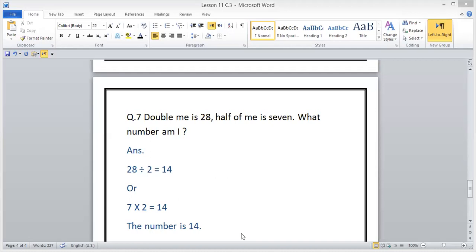So you will do the opposite. If you are given a double of a number, find out the half of the answer. If you are given a half of any number, find out the double of the answer. Clear, guys?